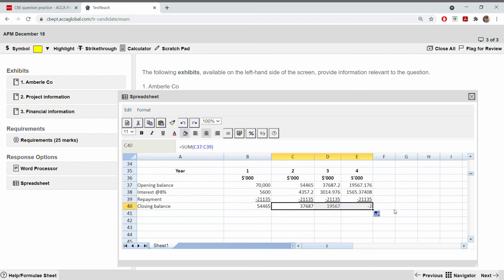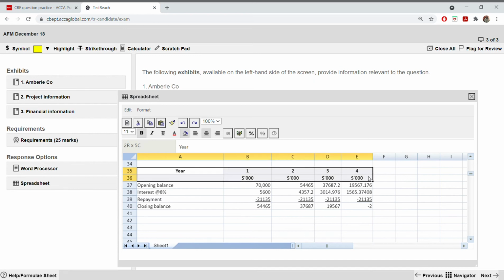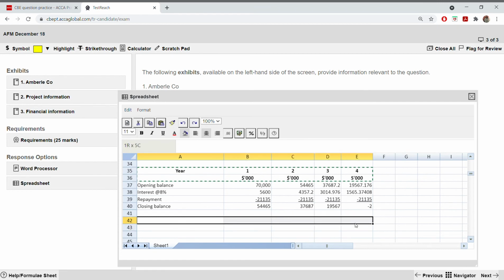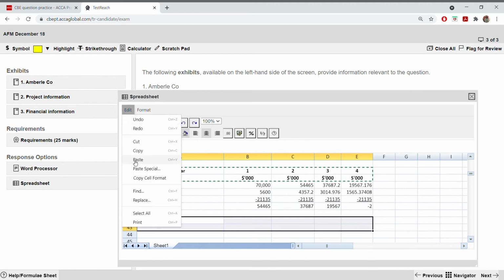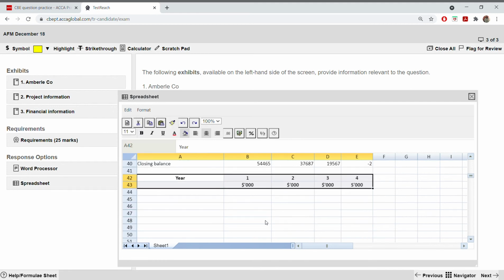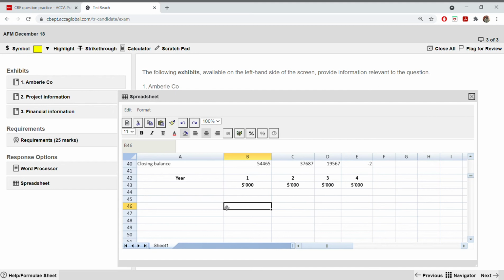Now based on the interest, we have to find the tax relief, and we have to discount and find the present value on that. So what I'm going to do is copy, and paste here. The reason I pasted is I needed it again.